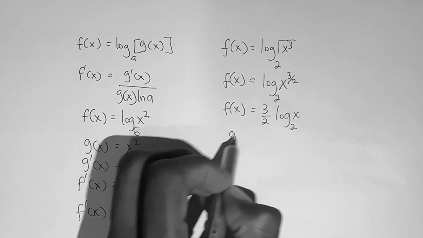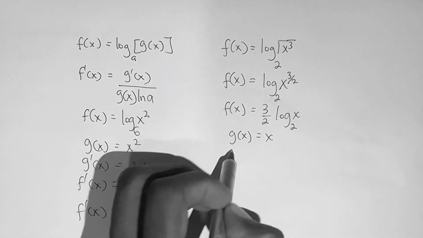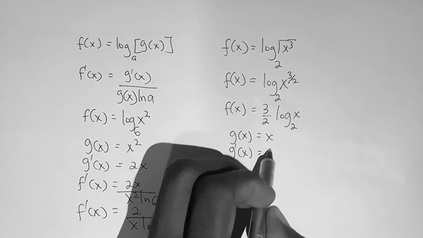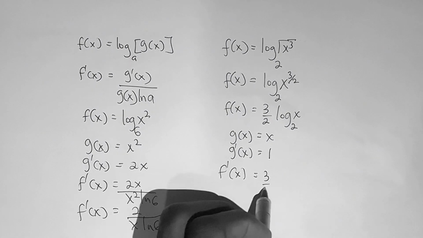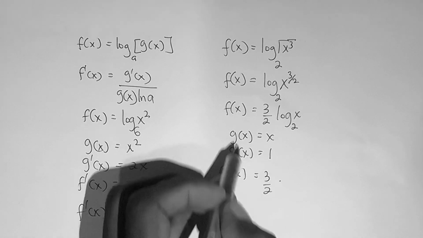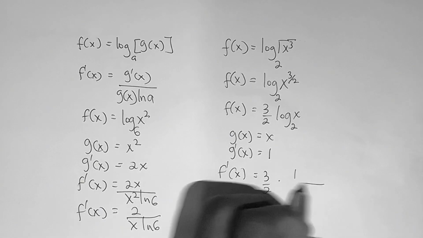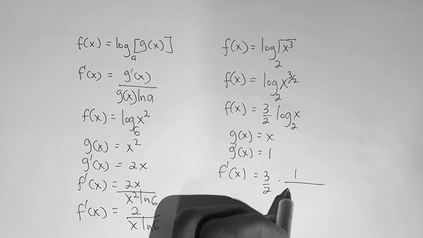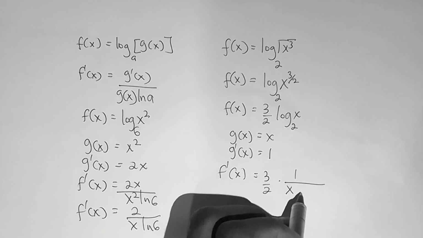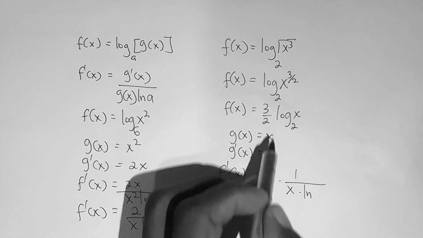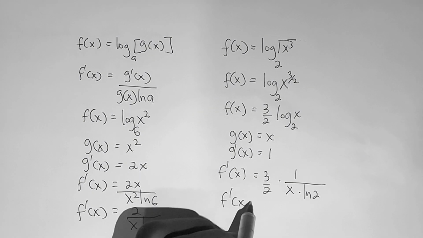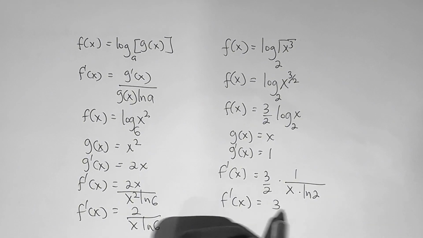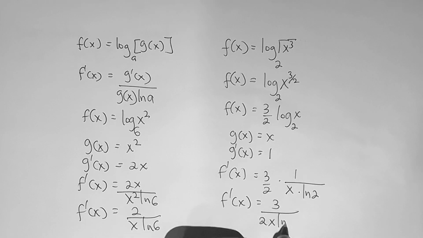So in this case, g of x is equal to x, g prime of x is equal to 1. So f prime of x is equal to 3 over 2 times, now g prime of x, which is 1, divided by g of x, which is x, then times ln 2. So f prime of x is equal to 3 over 2x ln 2.